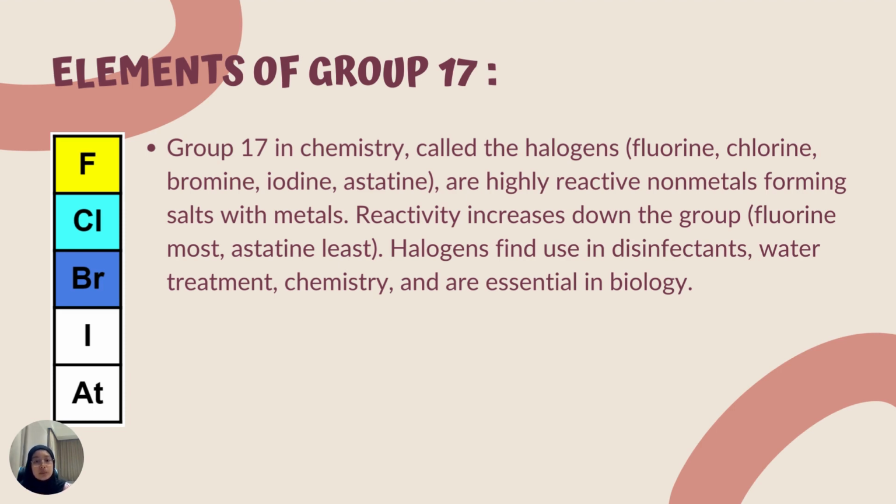Reactivity decreases down the group, with fluorine being the most reactive and astatine the least. Halogens find use in disinfectants, water treatment, and chemistry, and are essential in biology. These elements are characterized by their tendency to readily gain one electron to achieve a full outer electron shell, making them highly reactive.